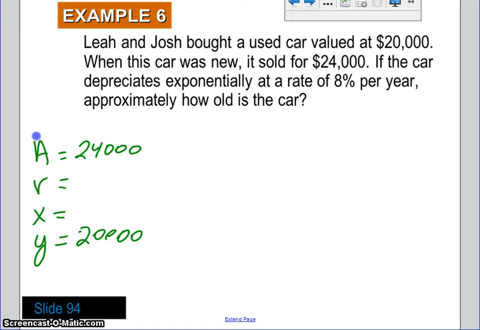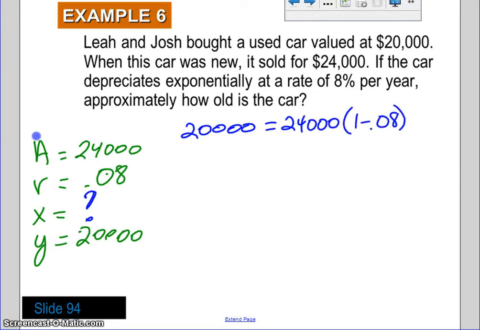If the car depreciates exponentially at a rate of 8%, approximately how old is the car? So there's our question mark. Plugging in my values, I've got 20,000 equals 24,000 times 1 minus 0.08 all to the x power.